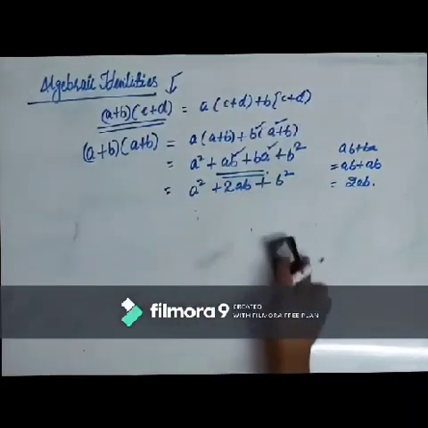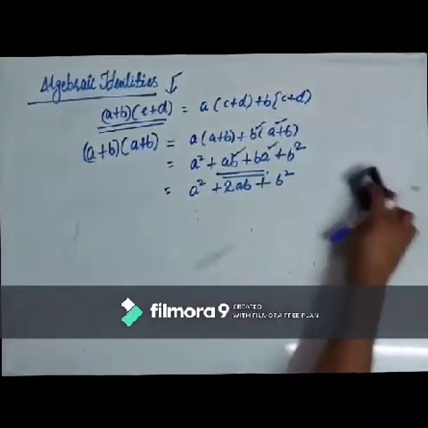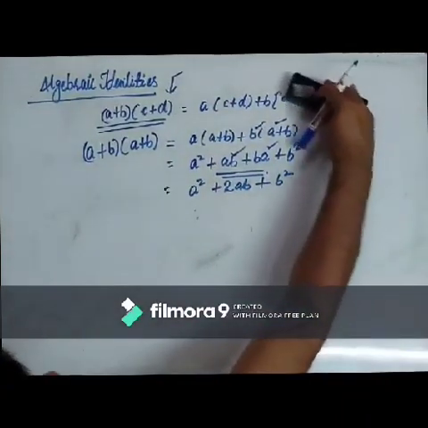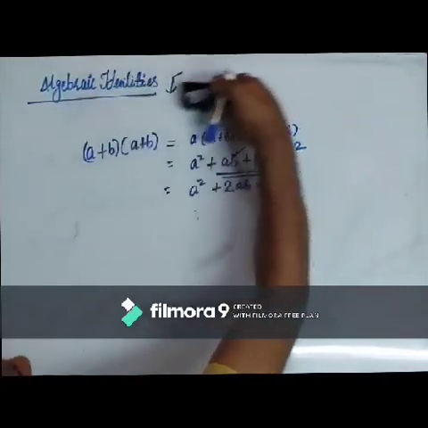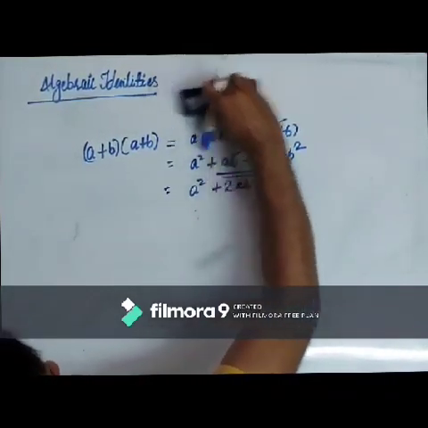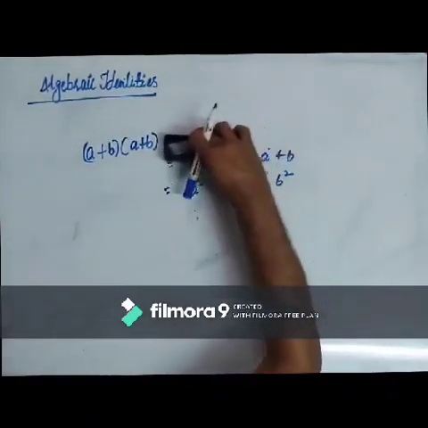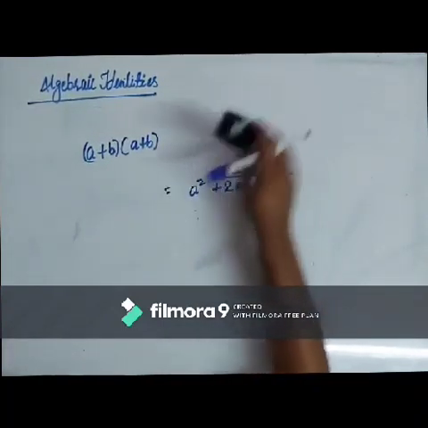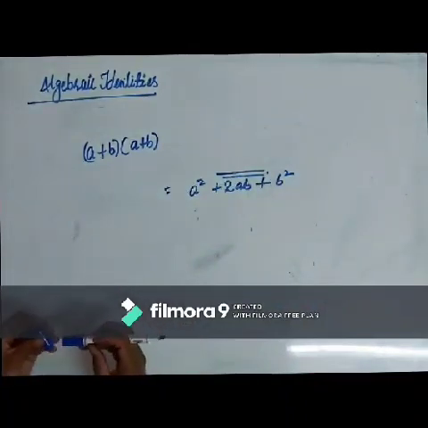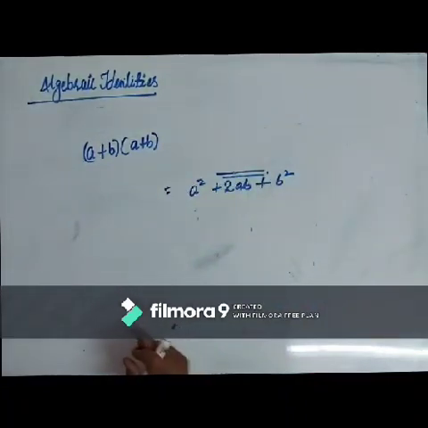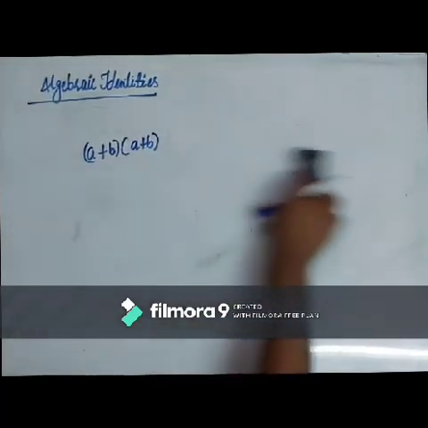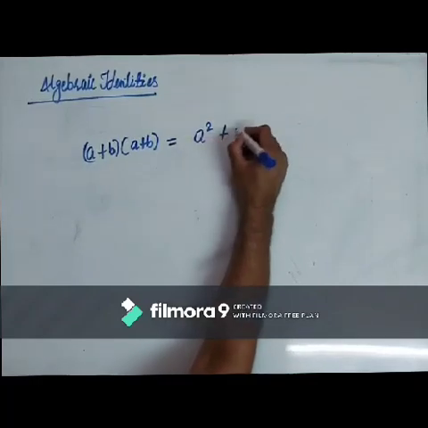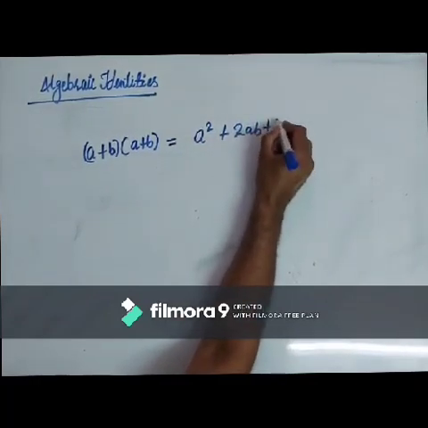So finally we have a special type of answer here. If we remember that once two same binomials with positive sign are multiplied with each other, the answer will be a square plus 2ab plus b square.